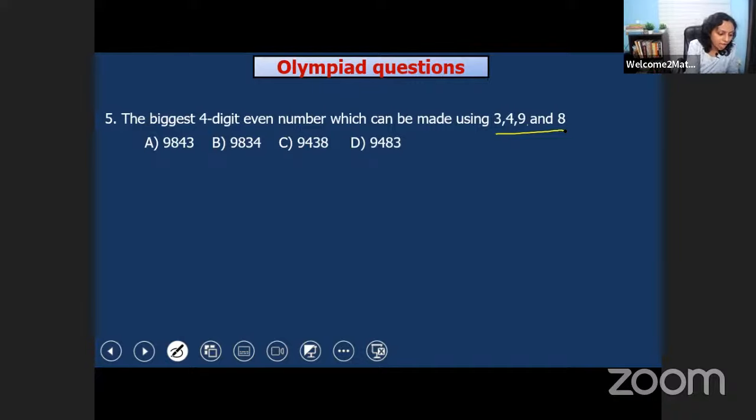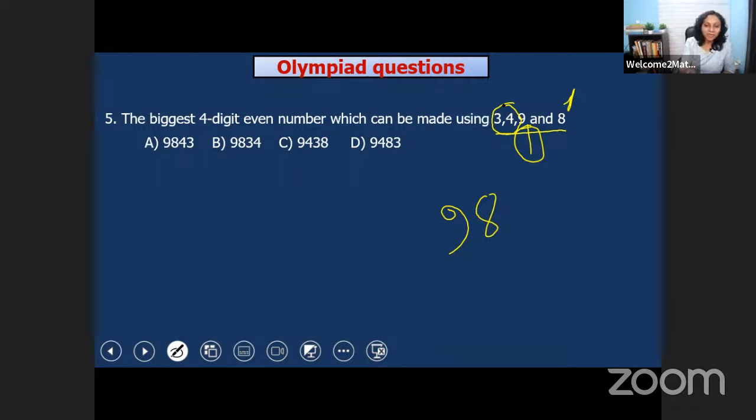So here the biggest digit is 9. We'll start from 9. 9 would be first. Then the next is 8. 9, 8. And now what digits are left? It's 3 and 4. And between 3 and 4, 4 is greater than 3.